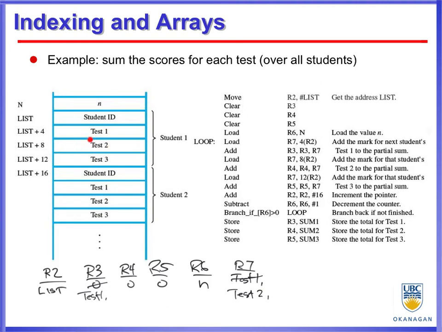List plus 8 is here, so we're going to load that into R7. And then we have another add where we're going to add it to R4. Oh no, we are doing it. We put it in a different register. So now R4 gets test 2. Because it had 0 in it, we add 0 to what's in R7, which is test 2, and put the result into R4.